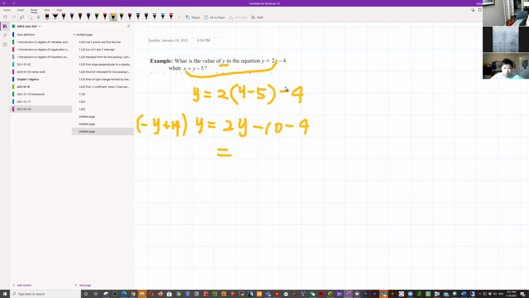On the left side, I'm going to cancel out y and get plus 14. On the right side, 2y became 1y because I minus y, and then negative 14 and plus 14 cancel. So y equals 14. That's the final answer.